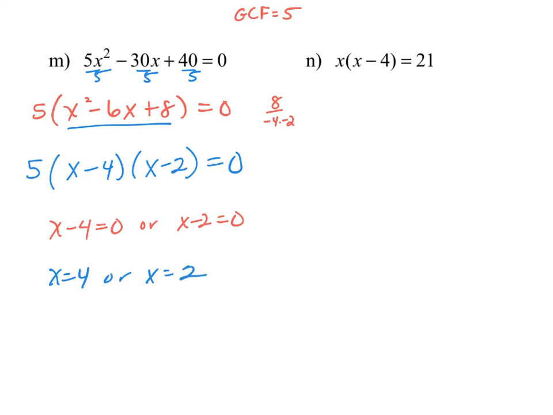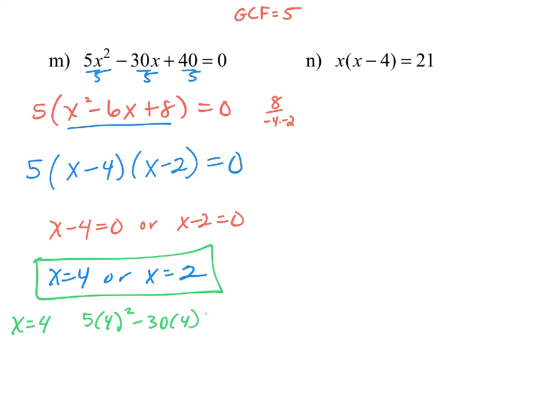And as always, we can check our answer by plugging each one of those back into the original equation. That gives us 5 times 4 squared minus 30 times 4 plus 40. Since 4 squared is 16, and 16 times 5 minus 120 plus 40, that does equal 0.